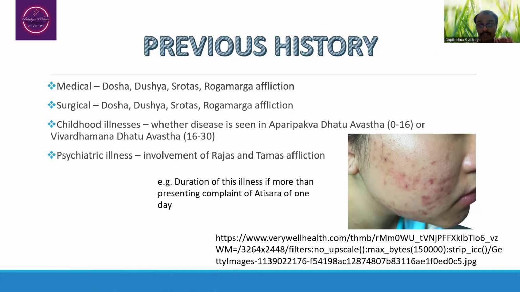Here the possible dosha afflicted could be pitta, and the possible dhatu afflicted could be rasa and rakta. The possible srotas afflicted could be rasavaha srotas and raktavaha srotas. As far as roga marga affliction is concerned, bahya roga marga affliction can be predicted. In this way, the previous history will be helpful in making the clinical diagnosis.